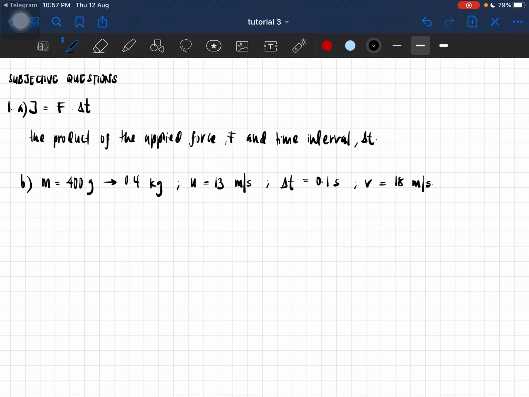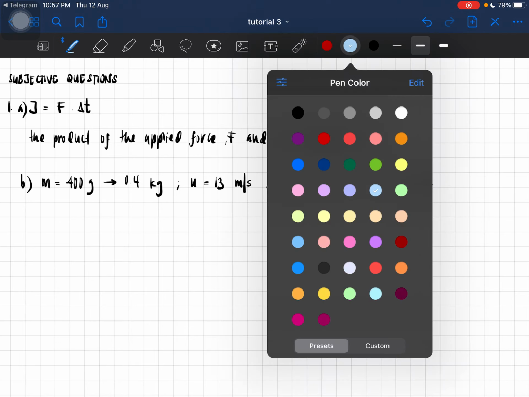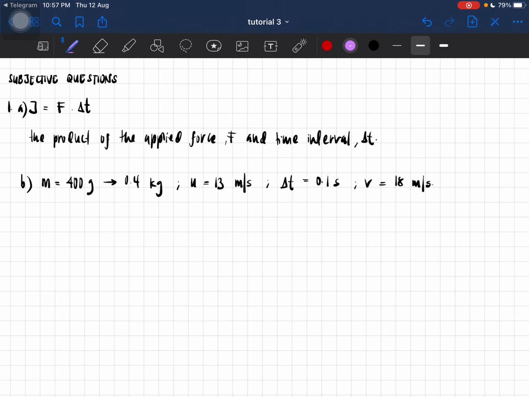And then since it rebounds from the wall, let's try and draw a wall here. Let me draw it purple. Okay, so we have a wall, something like this. So let's draw the ball now. Initially the ball is moving at 13 meter per second.